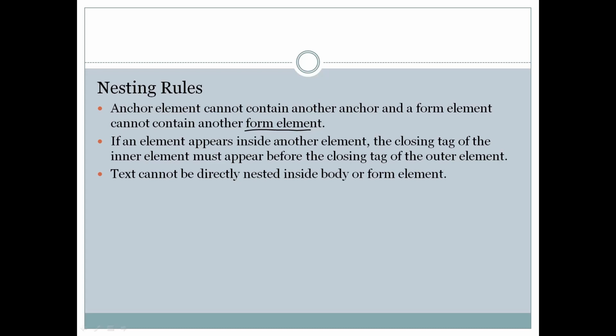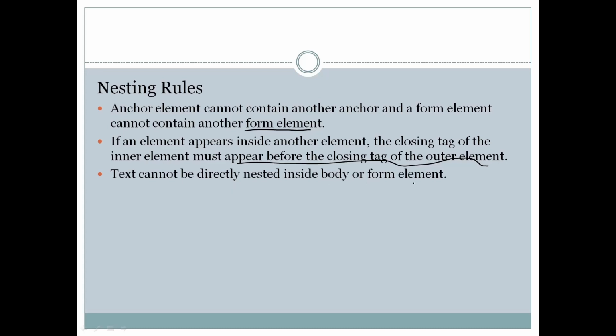If an element appears inside another element, the closing tag of the inner element must appear before the closing tag of the outer element. Like inner loops and outer loops, we close inner loops first, then the outer loops are closed. Same way in case of tags. If you have nested tags, the inner tags must be closed first, then the outer tags. The text cannot be directly nested inside a body or form element.